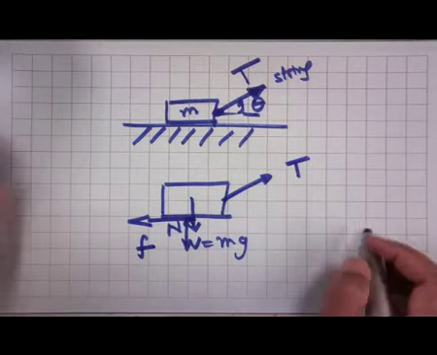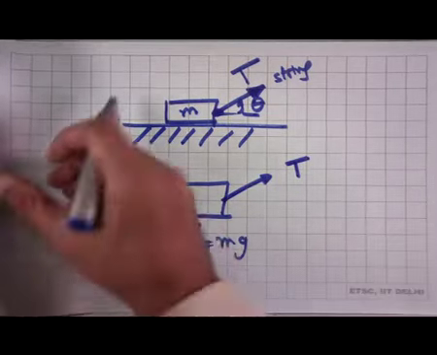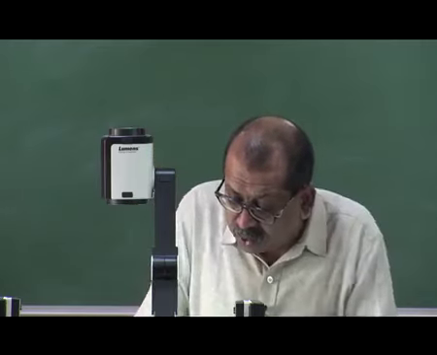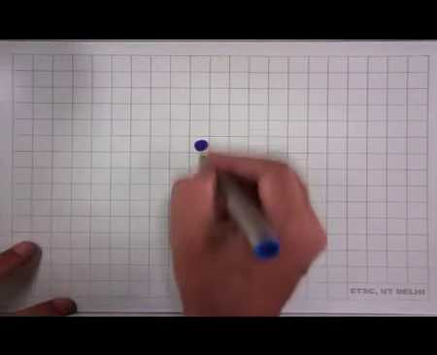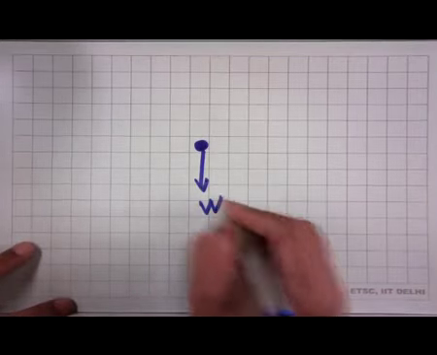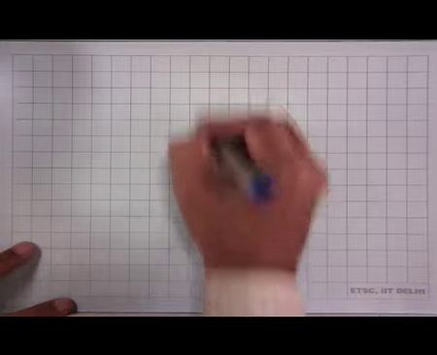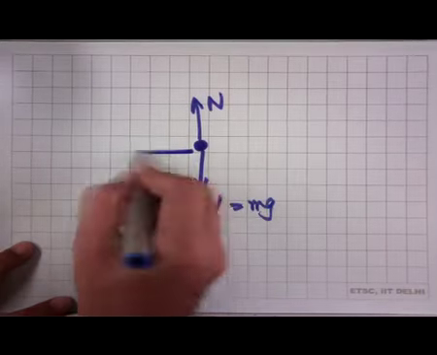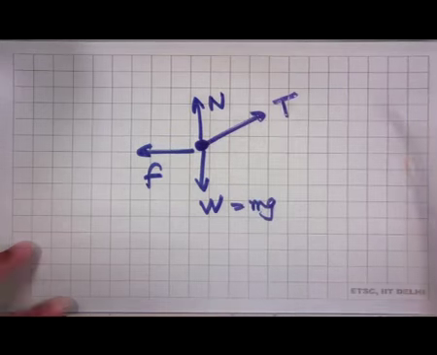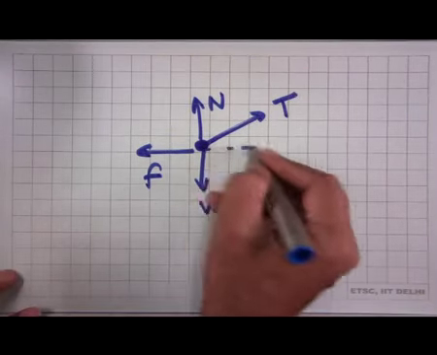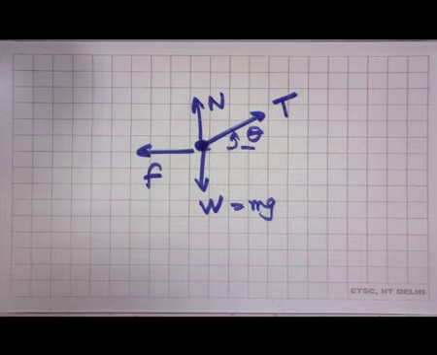And if we treat this block as a particle, what we could do is, instead of showing this as a full block, we could have just shown this free body diagram treating this as a particle. So, therefore, we will have the weight W, there is a normal reaction, there is a friction force, and there is a tension T, which is at an angle theta.